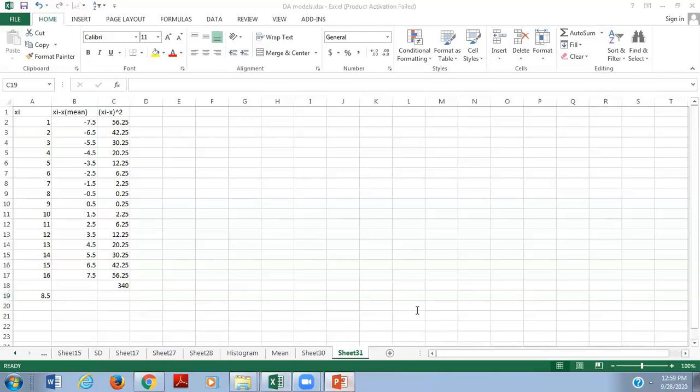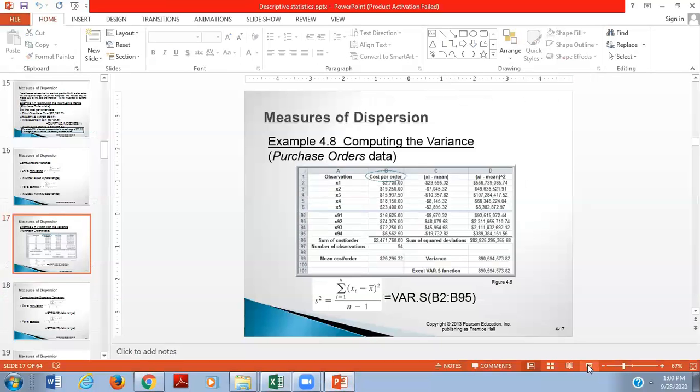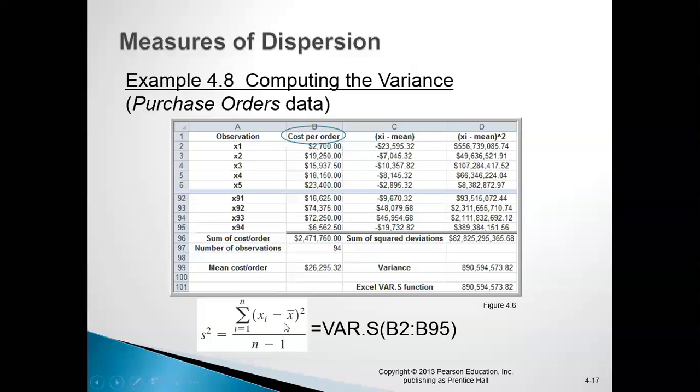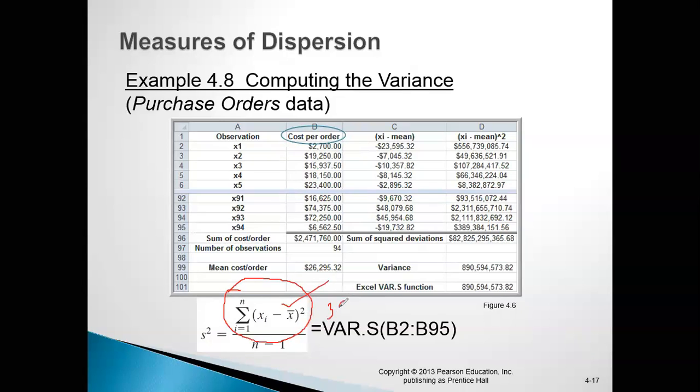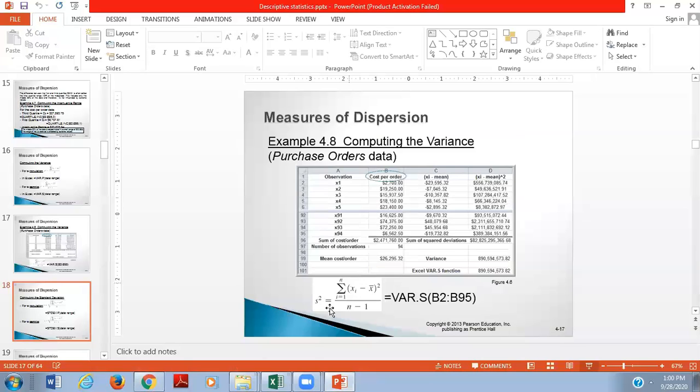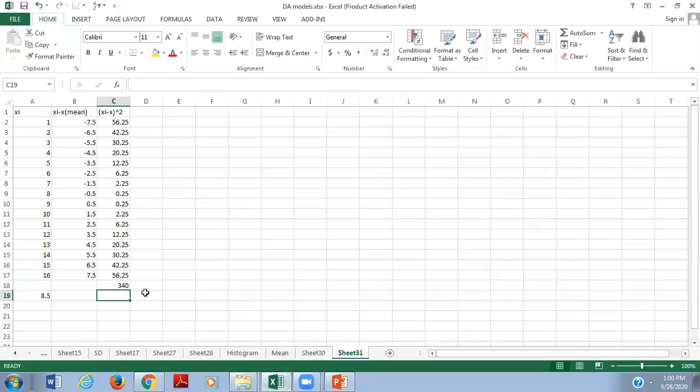Now what should we do? The formula is in front of you. What was the formula we required? We got this value, summation of xi minus x bar whole square, that is 340.